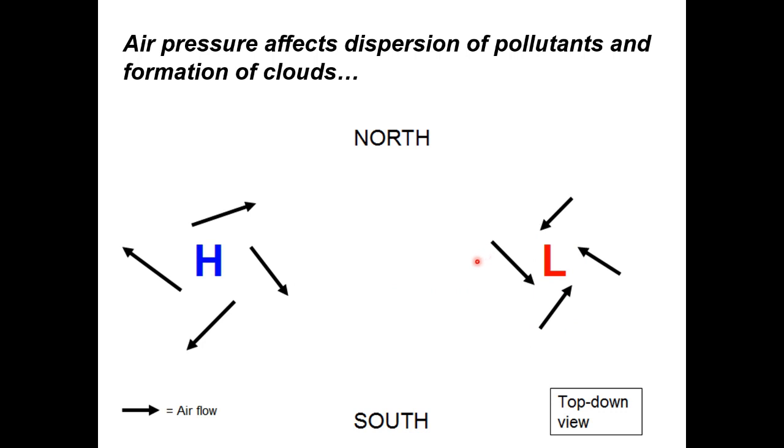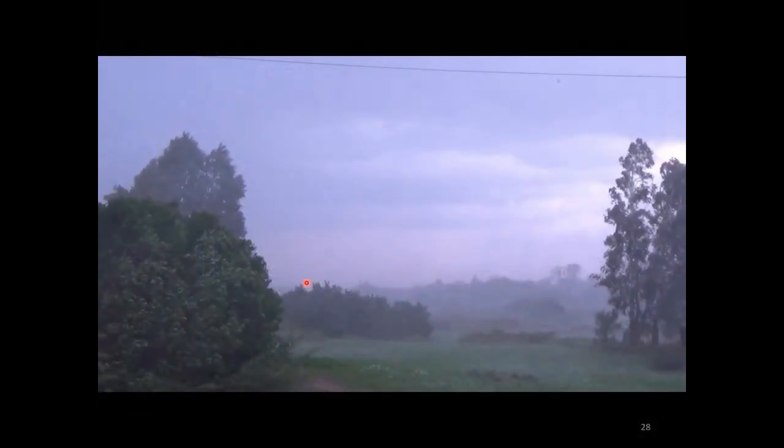As the air cools, it descends to a high pressure at the surface. Alright, so why is there ascending and descending air? So let's watch this video.